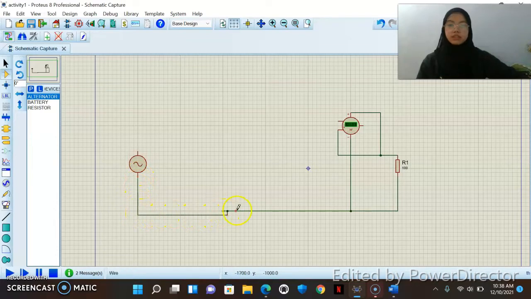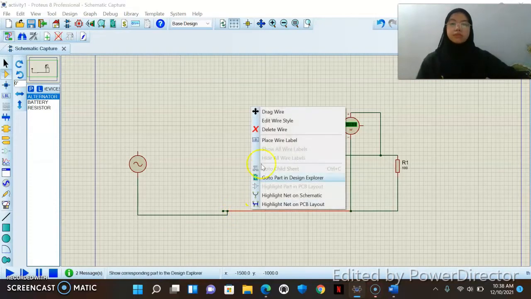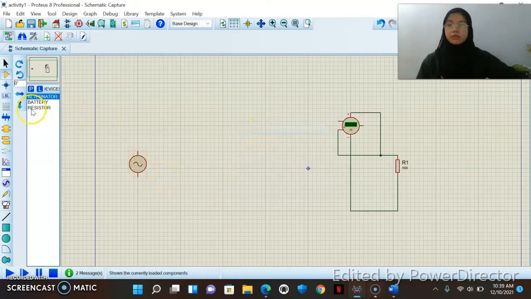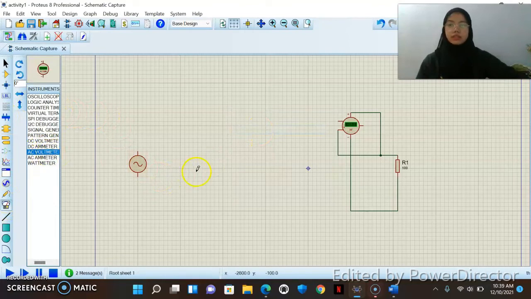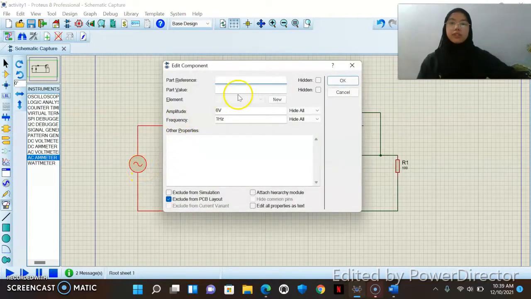Then we add the AC voltmeter and the AC ammeter. For the amplitude, it is 100 volts because in the manual the V peak is 100, and the frequency is 50 Hz.